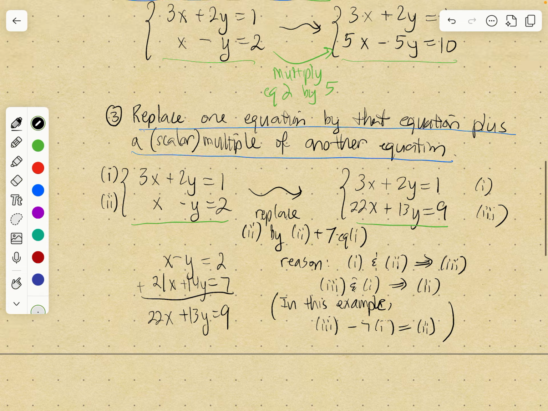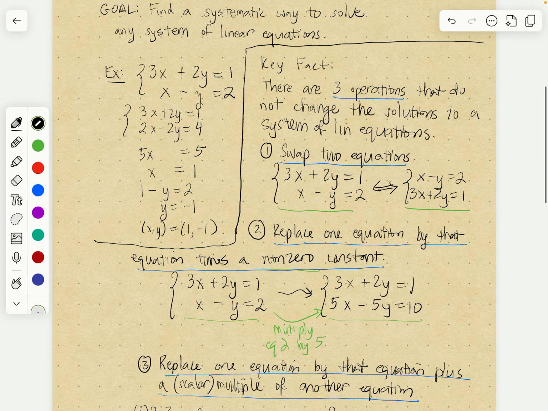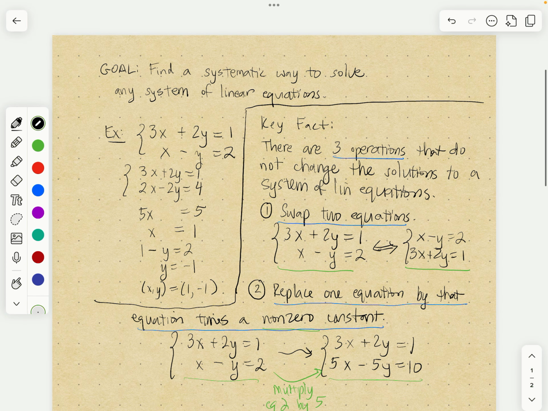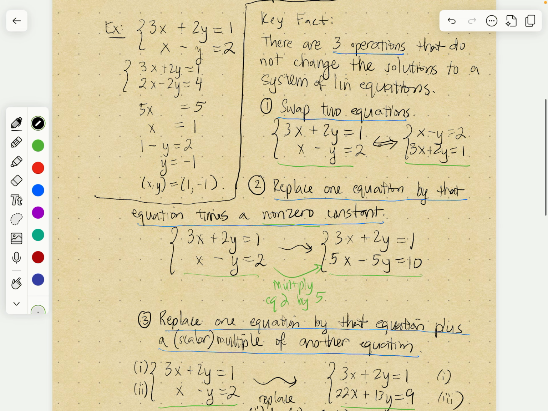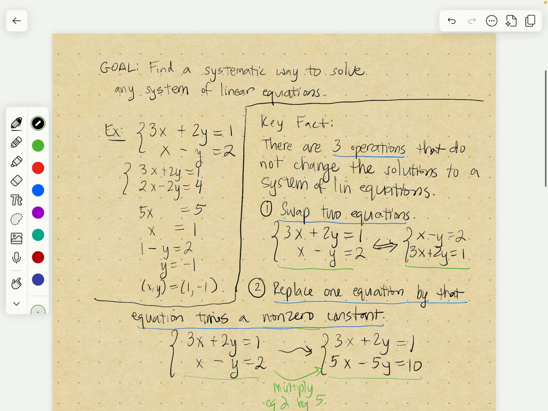And so that's maybe something I'll talk about in a different video. But anyway, this video is called The Idea of Gaussian Elimination, not how to do it. The idea is that you can use these three operations in a systematic way to solve any system of equations, and that's what we were trying to do, right? We were trying to find a systematic way to solve any system of linear equations.